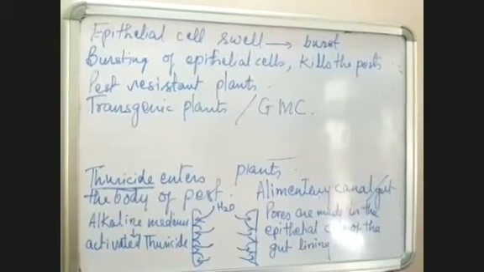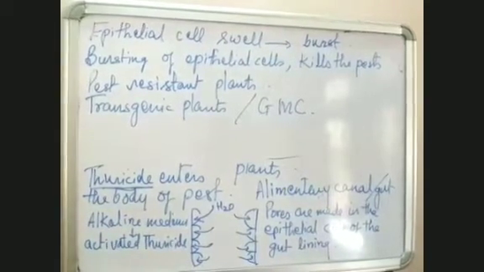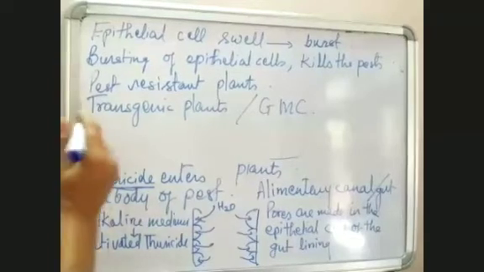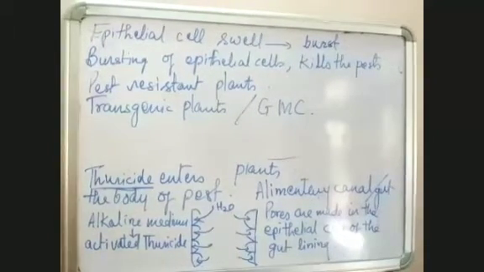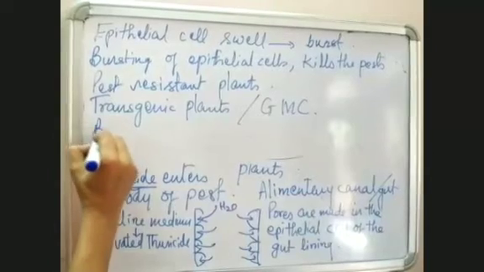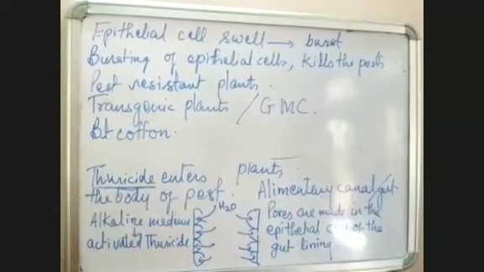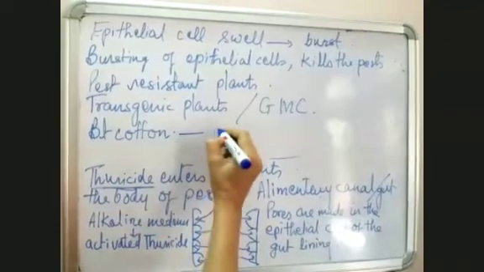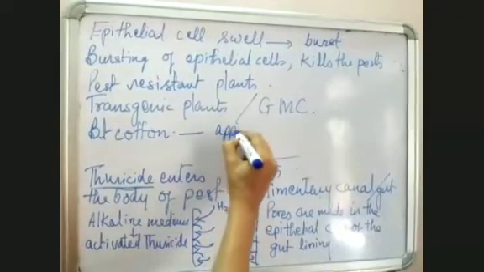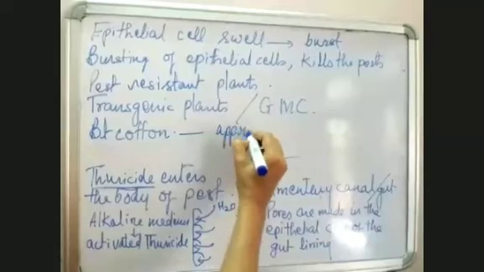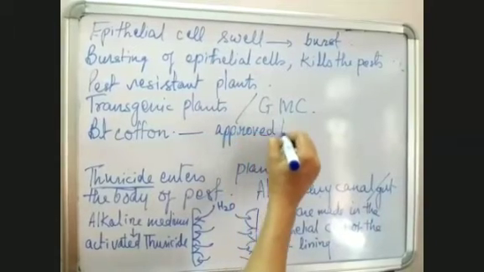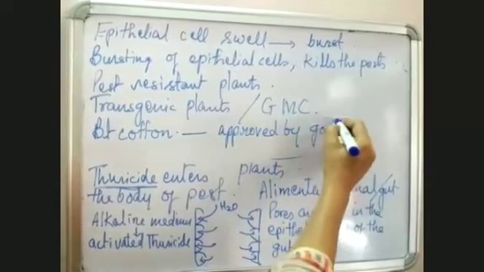Now, amongst all, BT cotton was the first transgenic crop to be introduced. This was the first which got approved by the committee, approved by the Government of India.